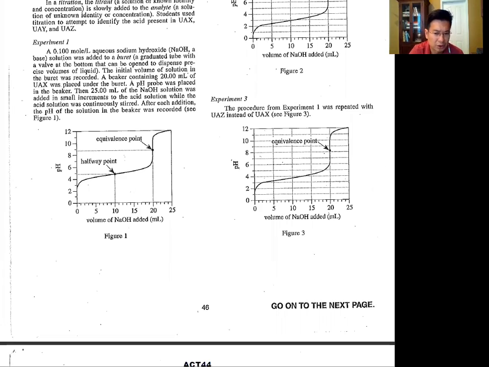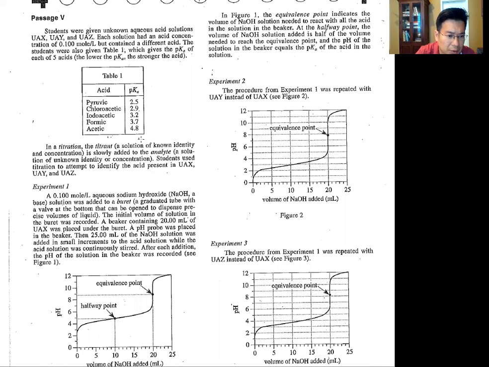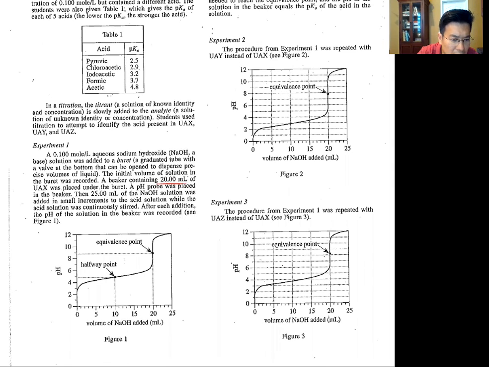Move on to the next passage, straight to the question. Based on the description of experiment 1, which of the following diagrams showed the apparatus that was used with this? Okay. Experiment 1, it says beaker contains 20 milliliter, then fluid placed 25 millimeter.